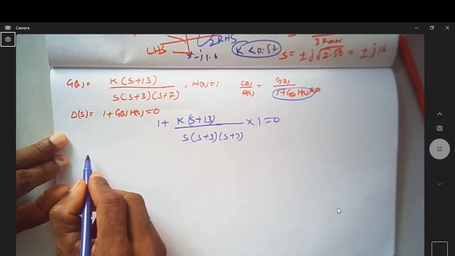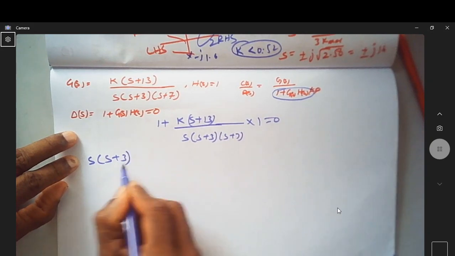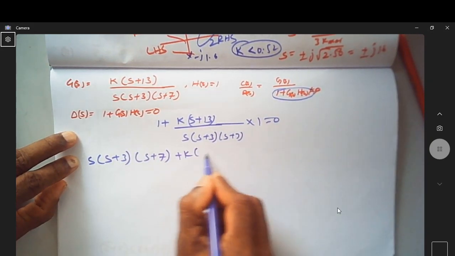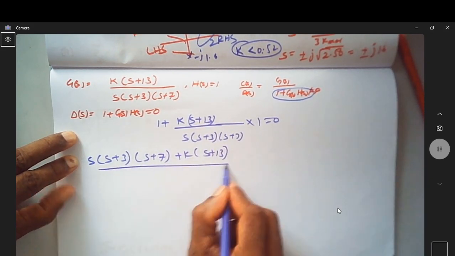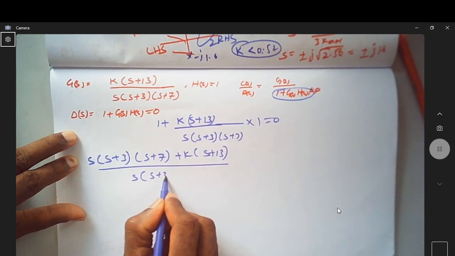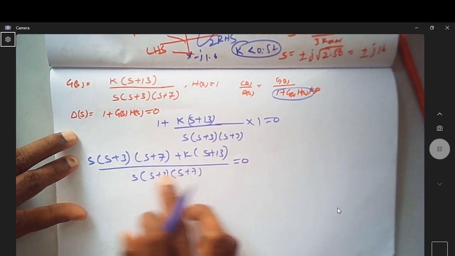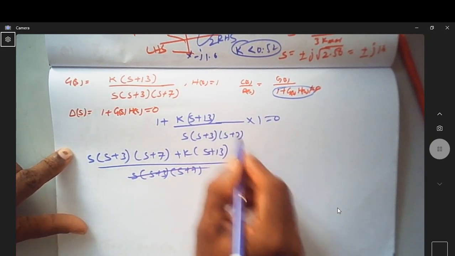So now can I take the LCM and write it as s into (s plus 3) into (s plus 7) plus k into (s plus 13), whole divided by s into (s plus 3) into (s plus 7), equal to 0. When you are equating this to 0, the denominator will go off. So we have this as the characteristic equation.